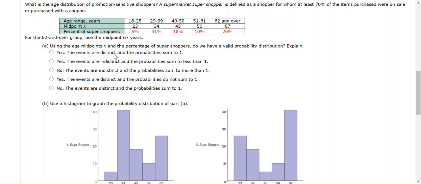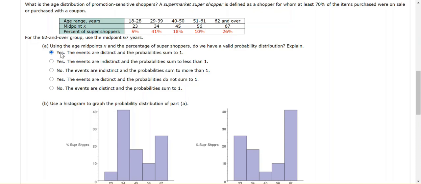And so the events are distinct and the probabilities sum up to 1. Well, the events are distinct. You can't be 18 to 28, for example, at the same time that you're 29 to 39. You can't be 29 to 39 at the same time, for example, that you're 51 to 61. So those are distinct.